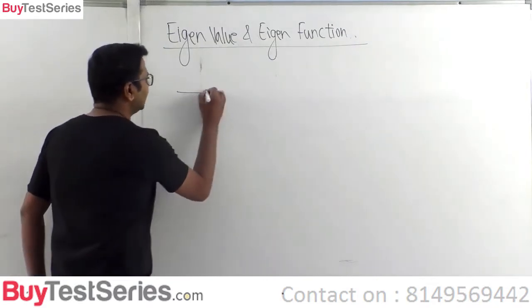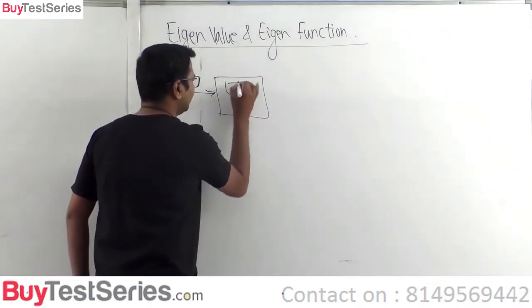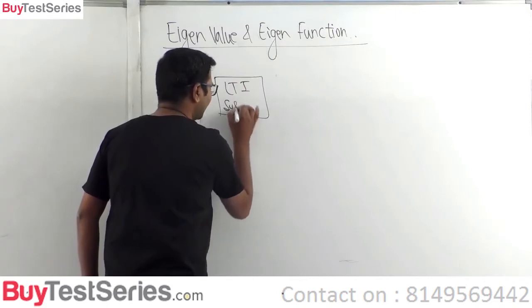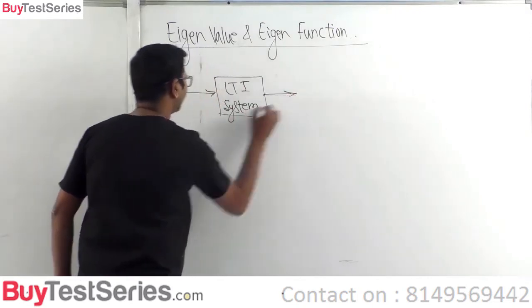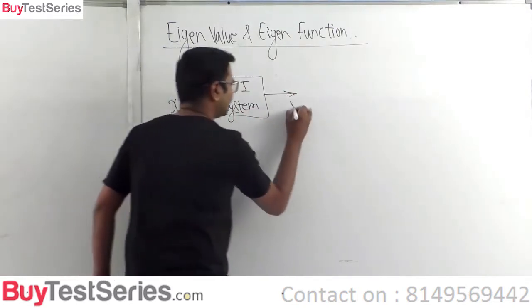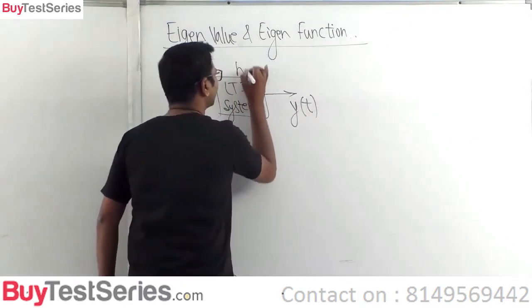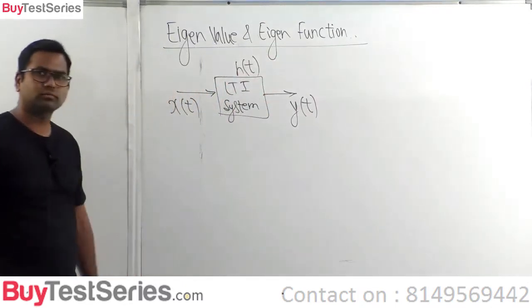Now, in order to understand the eigenvalue and eigenfunction, we will consider an LTI system whose input is x of t, output is y of t, and impulse response is h of t.